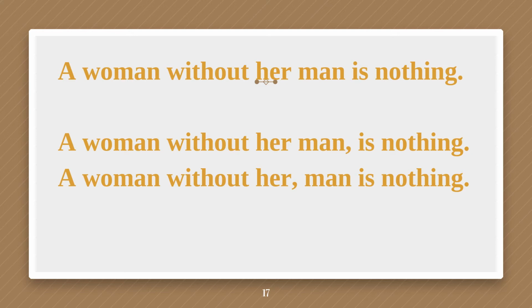Now you can see here that I have changed the place of the comma and put it after her. Now the meaning of the statement is changed. In this statement it shows that man is dependent on woman and he could not do anything without the support of woman. So you can see here in this example, by changing the place of comma the meaning of the statement is changed, though the statement is the same as we have discussed.